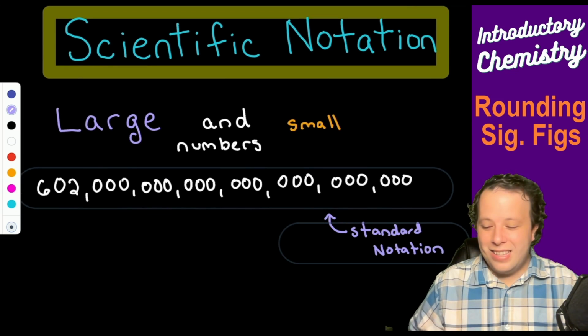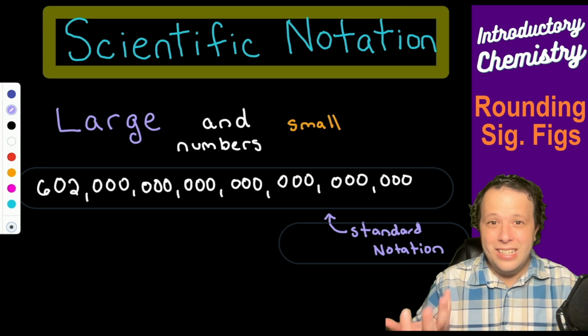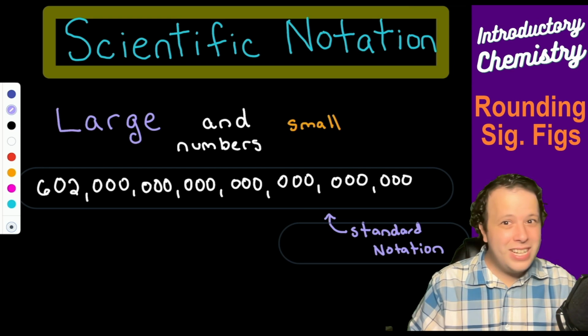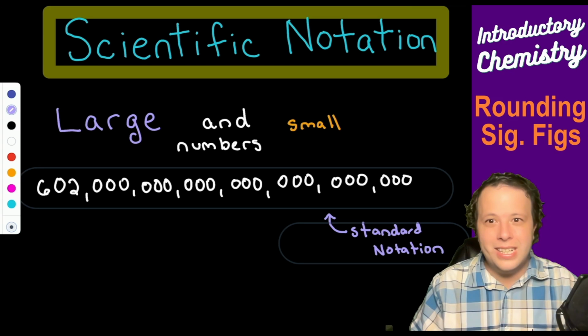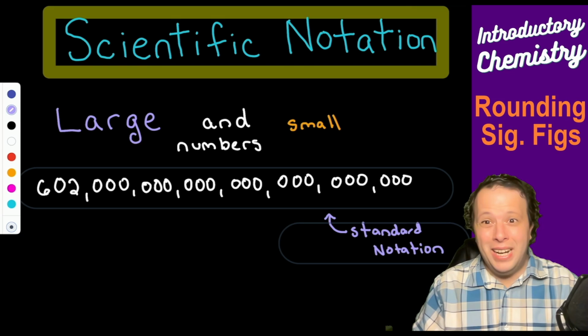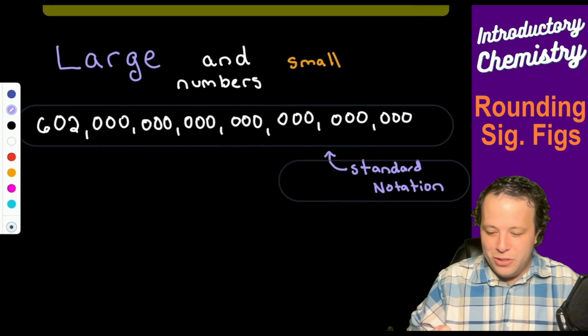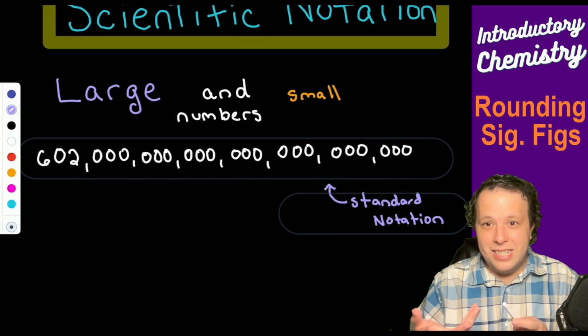That's in its standard notation. And you probably think, oh my god, that is huge. Do I have to know that for class? Well, that's what scientific notation is for. It helps make this a little easier to handle, so that we can minimize what this is.